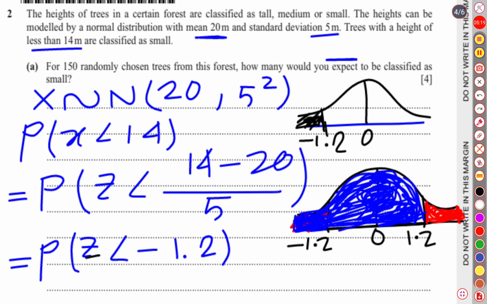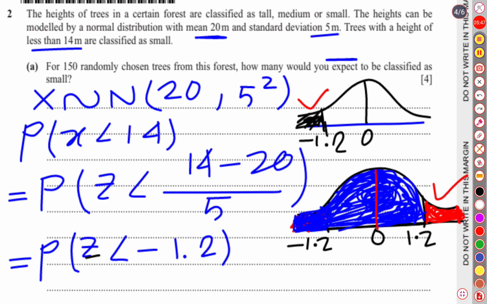This tiny red part is exactly the same as this part. So what did we do here? We have just shifted the negative z score to the positive z score, that is, the right side of 0, the mean value. We know that the normal distribution graph is symmetrical.